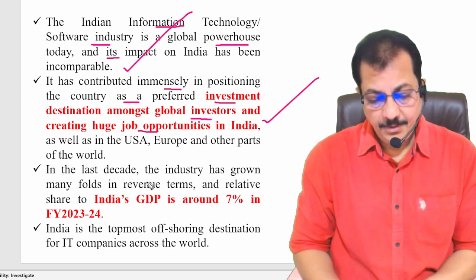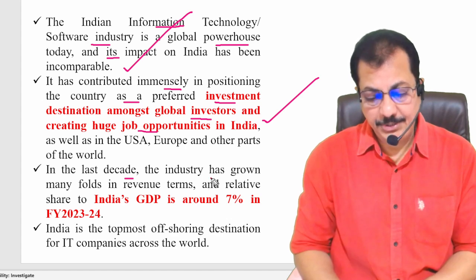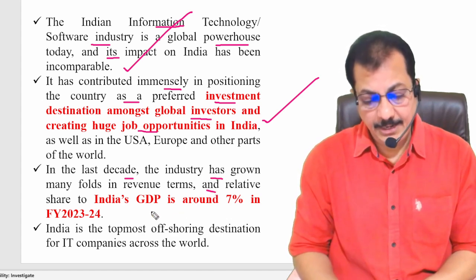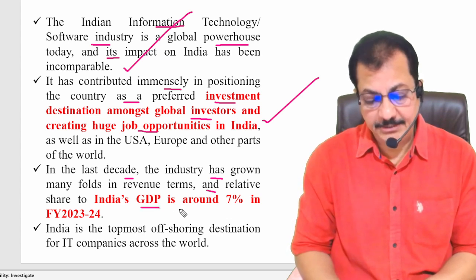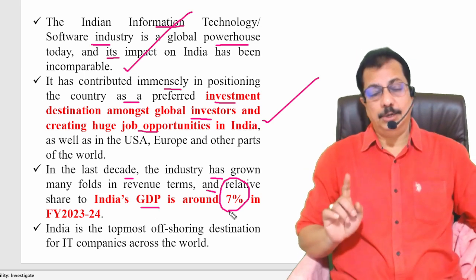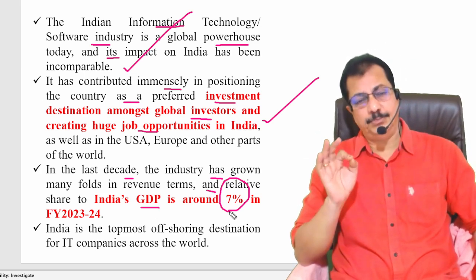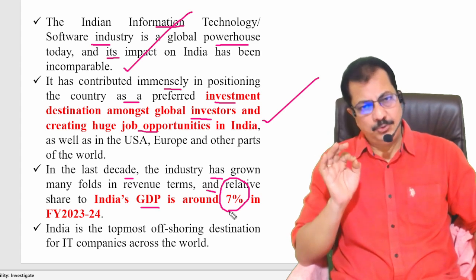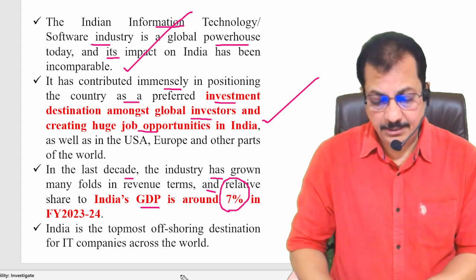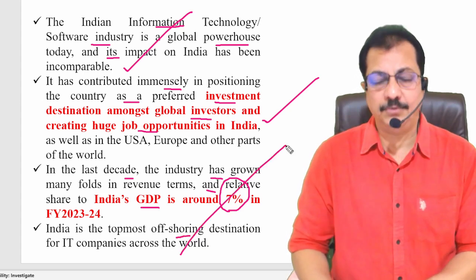And in the last decade, important, the industry has grown many folds in revenue terms, and the relative share of India's GDP is around, important one, please note down, 7% with respect to last year, that is 2023 and 2024. Am I clear? India is the topmost offshoring destination for IT companies across the world.